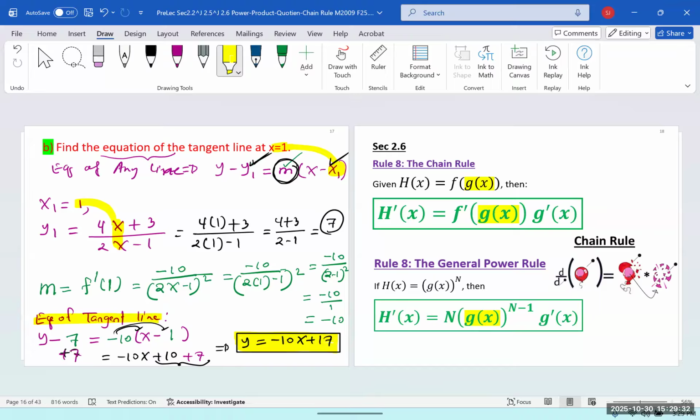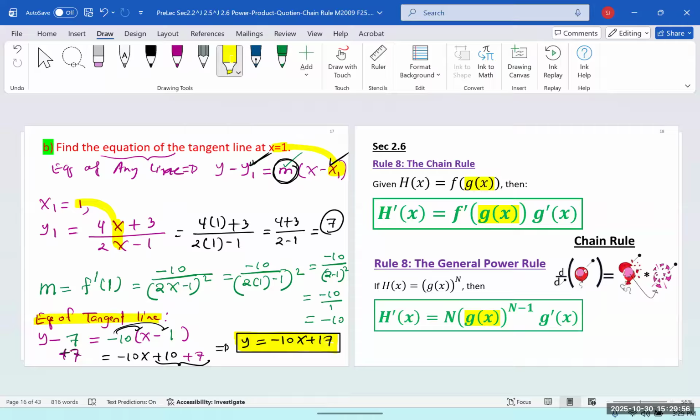Remember, derivative is very weak. It can only change one function at a time. Whether it's a multiplication, division, or chain rule, everywhere, it only can change one function at a time. So change the outer function first. So derivative of f, leave the inner function same inside the derivative.